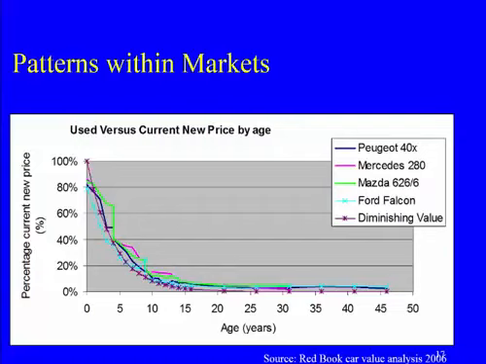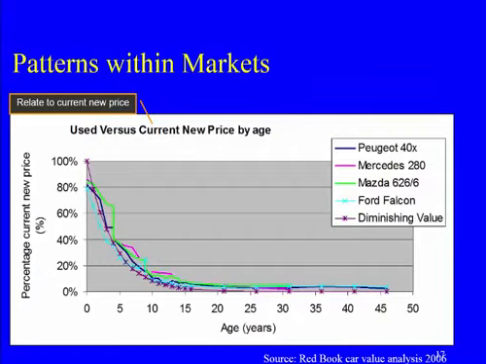What we can see when we look at this graph is that overall it does tend to follow the general pattern predicted by the diminishing value mathematics, at least conformed to fit more or less the curve. And so we see that yes, diminishing value does work for motor cars. You will notice that our graph is constructed as used prices versus current new price, in conformity with what we discussed in the previous slide.